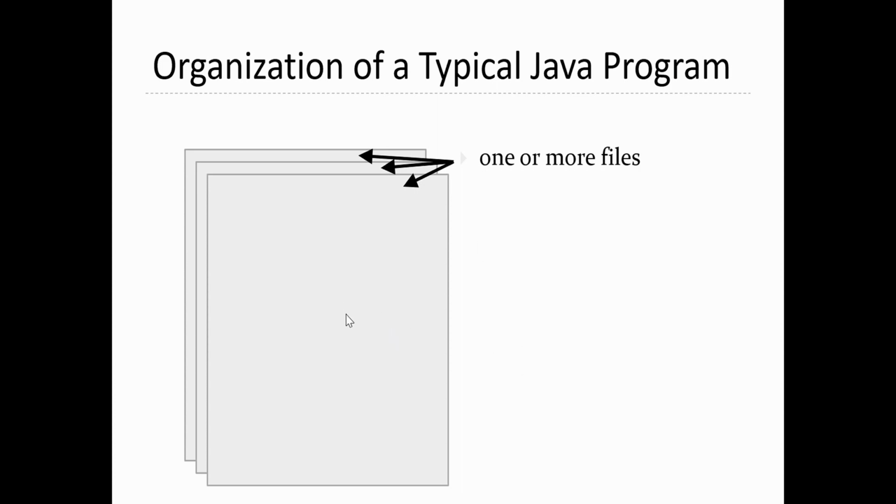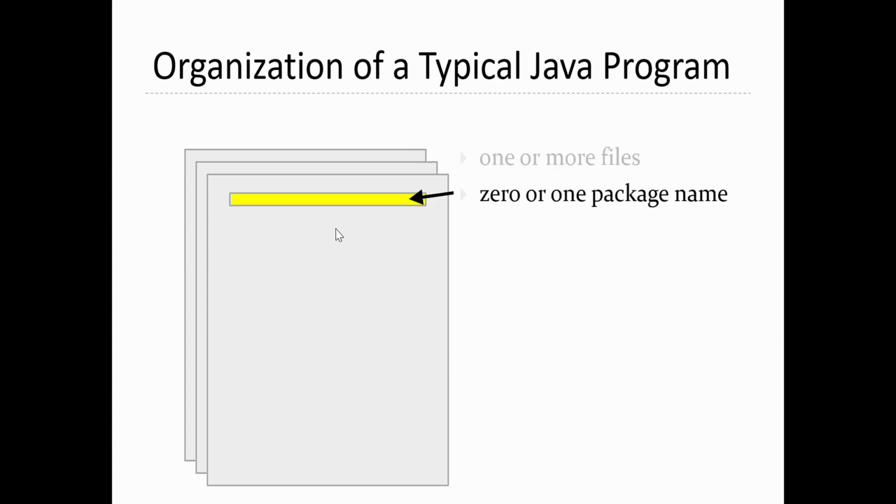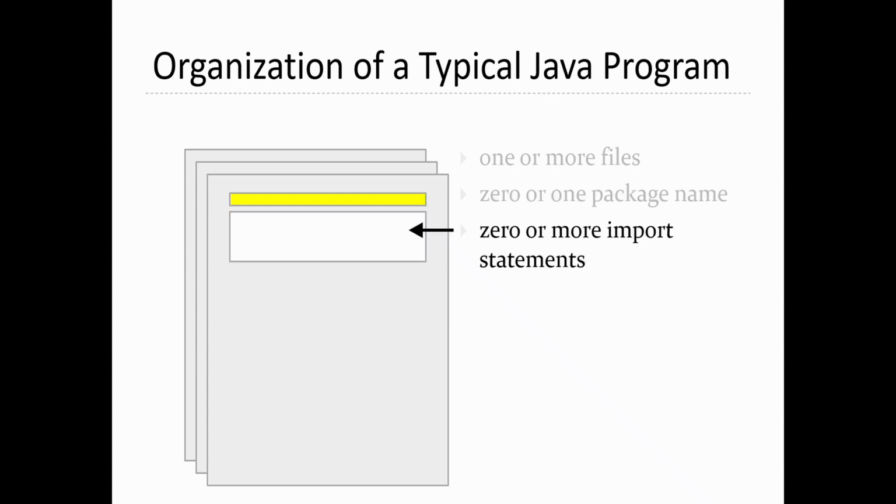Inside each file, typically it starts with 0 or one package name. In all of our assignments, they always have their own package, package A1, package A2. You then have 0 or more import statements.